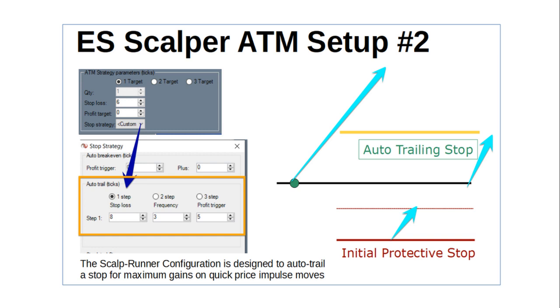So -6 ticks, then -3, then break even, then +3, then positive a point and a quarter. You follow? So this is a great little setup, and this ATM setup is designed to auto trail for maximum gains on quick price impulse moves in your favor. And again, it's a one-shot type of thing. You're not going to scale out half your position or anything like that.